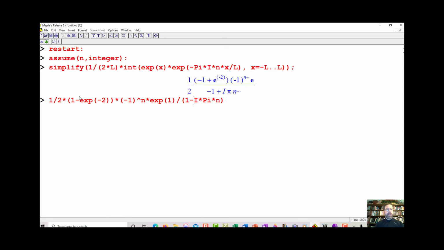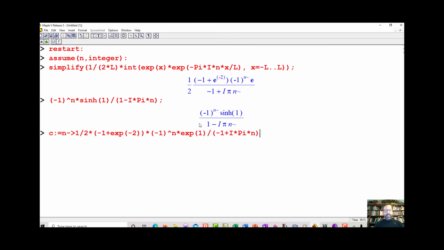And this e to the power 1 combined to make the 1/2 times all of the rest of this as a simple hyperbolic sine of 1. There. Those are the coefficients. We'll define our coefficients to be exactly this.